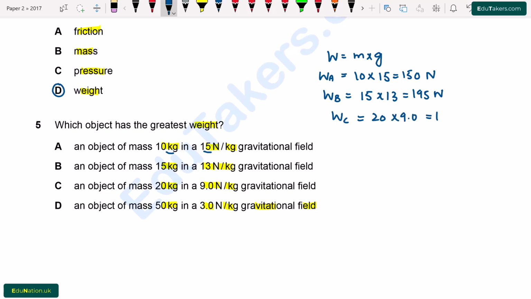This will be equal to 180 Newton. Weight for object D is equal to 50 kg multiplied by 3.0 Newton per kilogram. So this will be equal to 150 Newton. We can see here that the weight for object B is the largest as compared to A, C and D. From here, option B is correct.